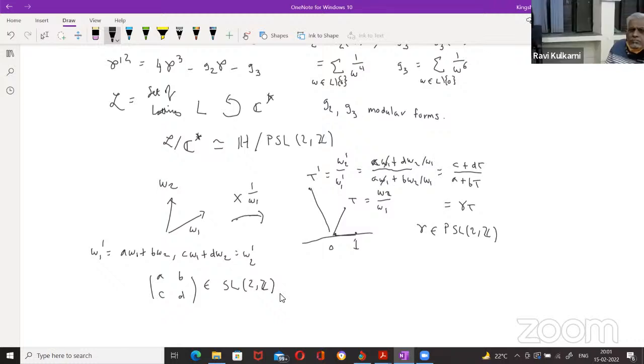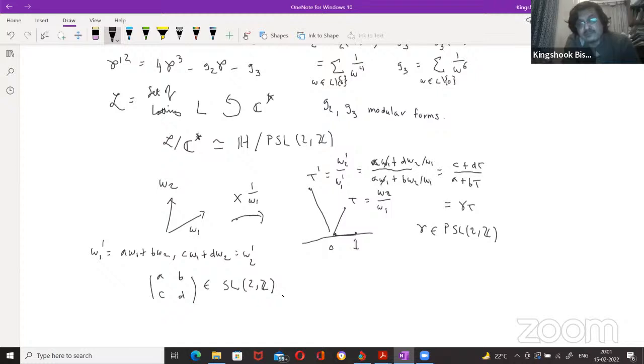Okay, good. Thanks. So if I take a subgroup of finite index in the modular group, then H mod that subgroup is some parametrized family of elliptic curves with some structure.